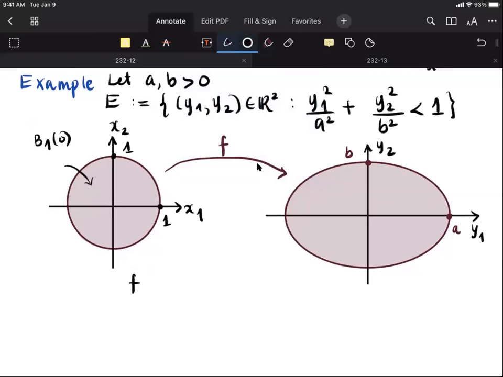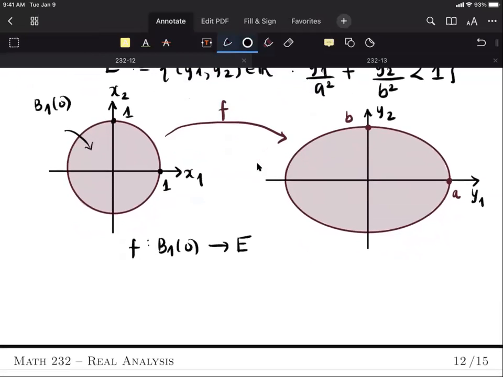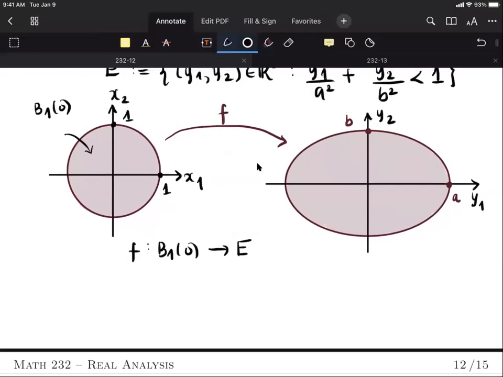So F maps the unit ball onto the ellipse, and this is defined as follows. What we do is we stretch, at least in this figure, in this direction and also in this direction by factors A and B respectively.